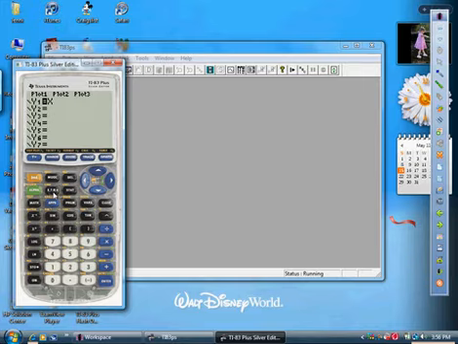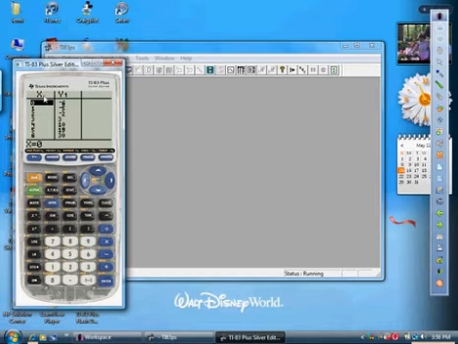So I'm going to hit x, that button with all the letters on it, and then squared minus 6. And so once I have the equation that I was given, instead of going to graph, I want to go to table. So I have to hit the second button, and then hit the graph button, and it's going to take me to a table.